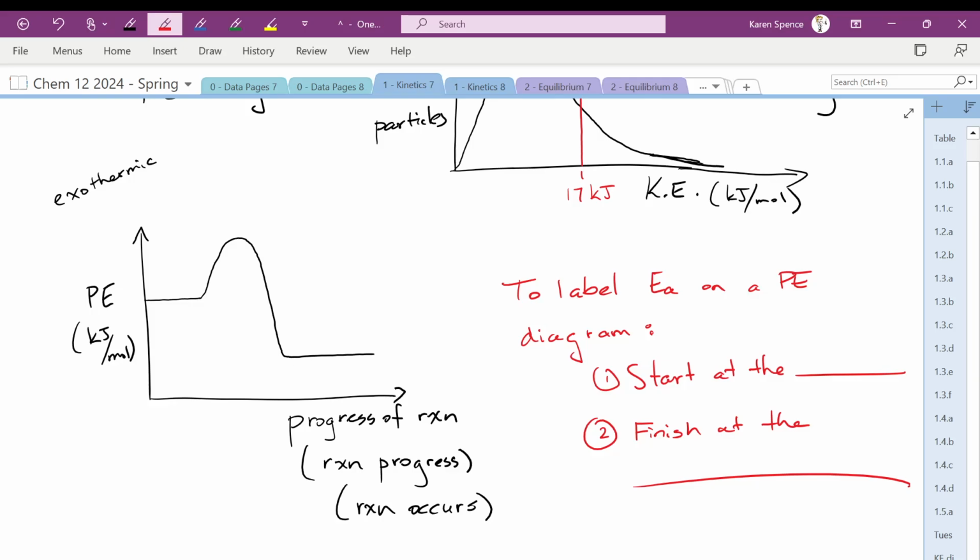I don't know why I made such a big, long line for that last one. You could make it a long thing, or you can make it very short. Where do we start?